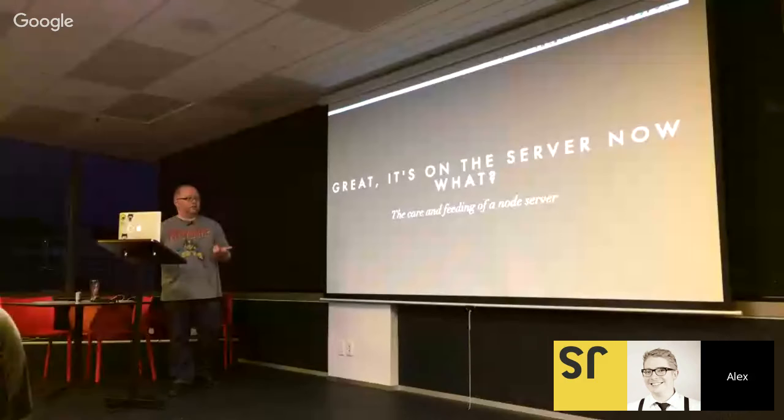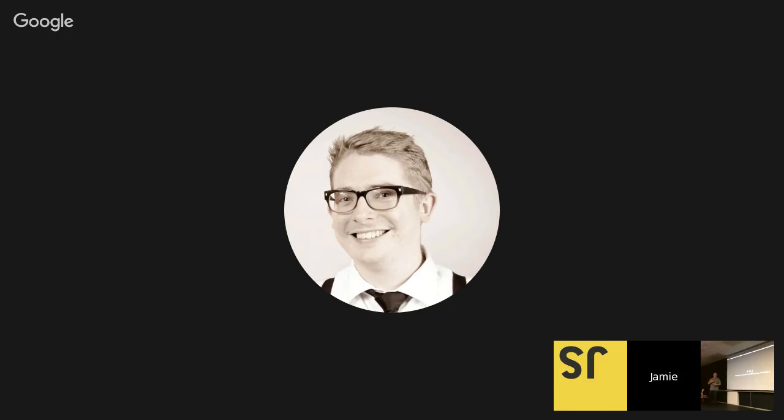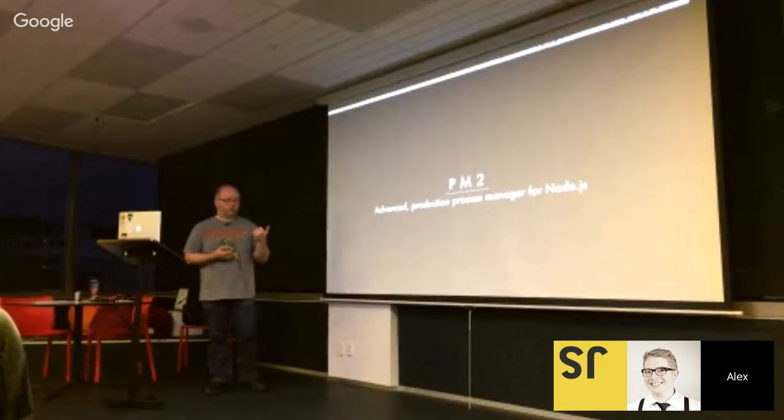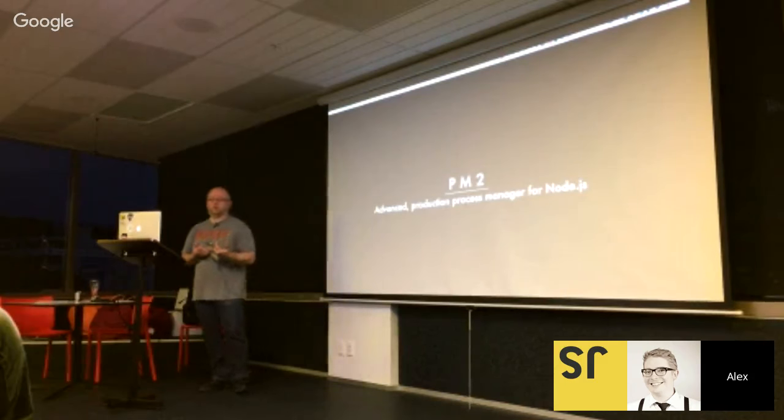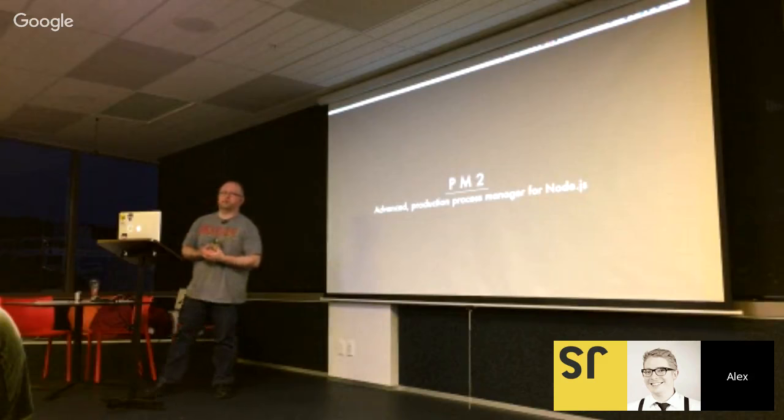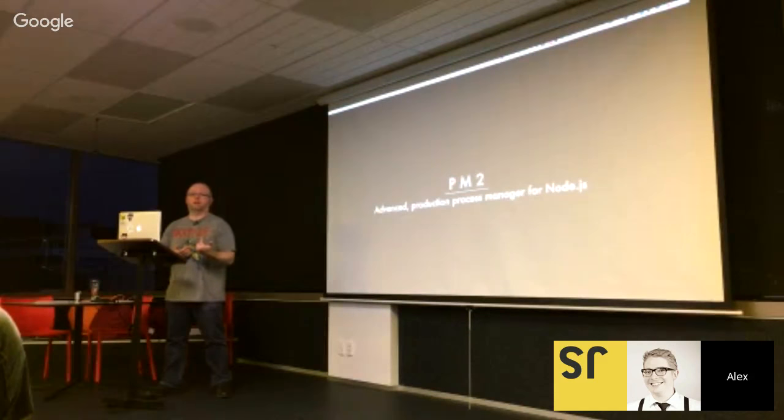There's a number of options to keep your server up and going. I chose PM2, which stands for Process Management for Node. It has lots of options. You can pass it a JSON configuration file, which is really simple. It can be quite a simple file, and it'll keep your app up forever. Because if you crash, you don't want it to stay crashed.